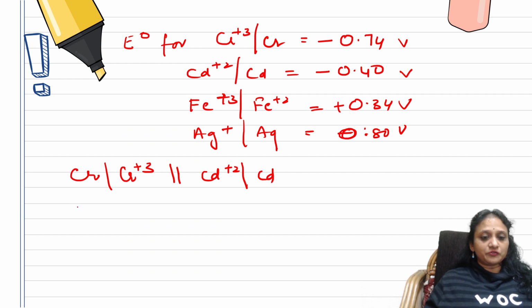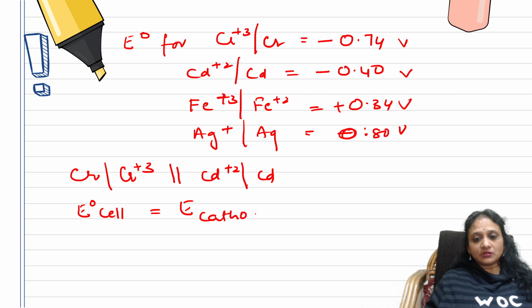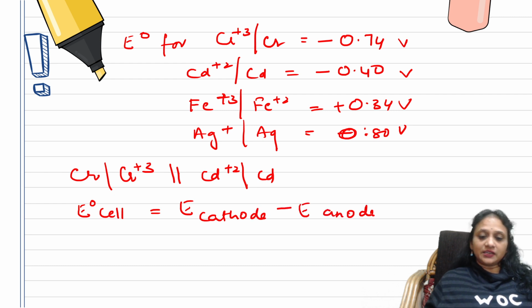So we know one formula now, students: E naught cell is equal to E cathode minus E anode. Correct, no? So in this particular case, what is the cathode, students? Check here.